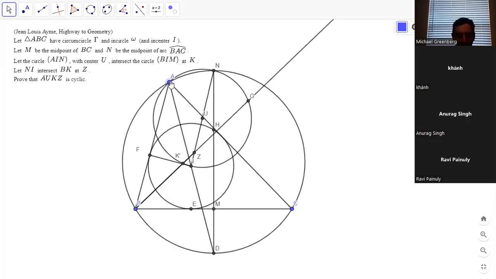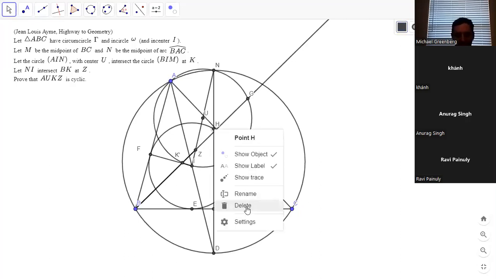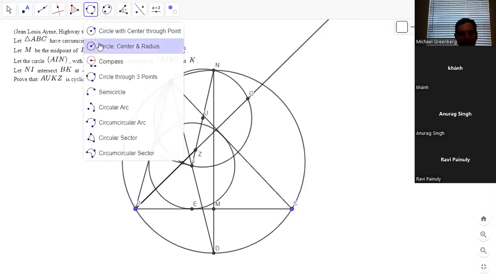Oh no, that's not true. So I'm going to delete point H, but ZK prime I would be GK prime I. Maybe that would help. Which is GNI. So basically we want to show that NA equals NG, I think.